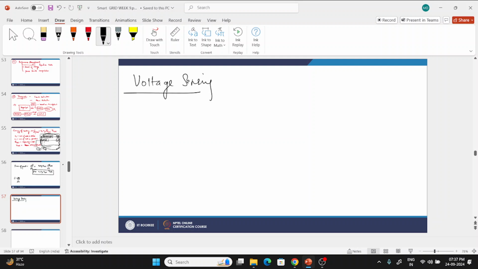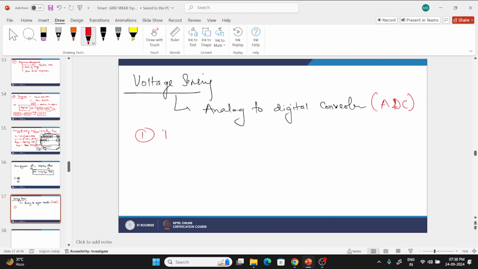Now, voltage measurement is generally done using analog to digital converters, जिसको हम कहते हैं ADC। There are several ADC architectures, like first is direct conversion, which is also known as flash ADC.